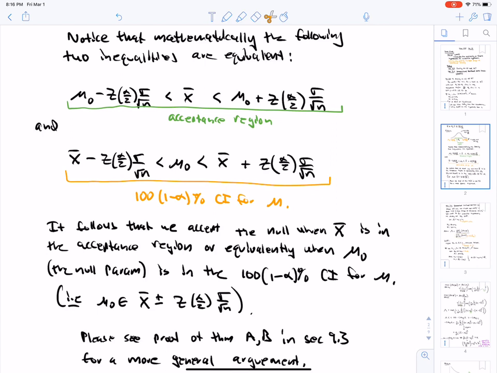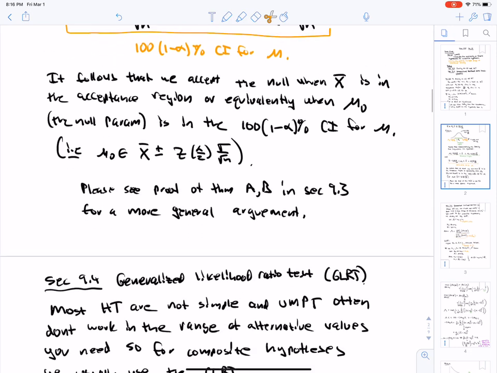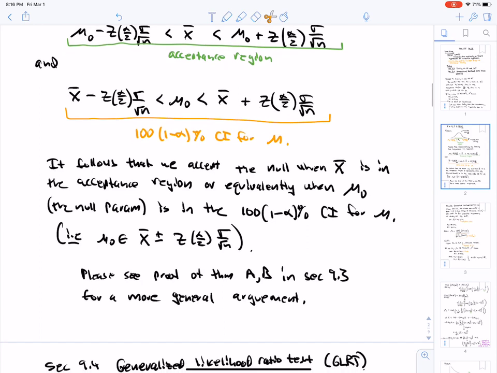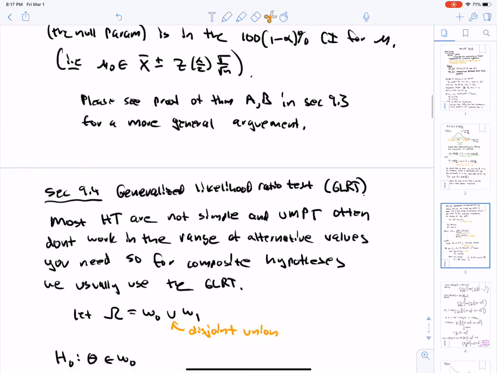In other words, mu 0 is in x bar plus or minus z alpha over 2 sigma over square root of n. So for a more general proof that will work for any CI, see theorem AB in section 9.3 in the book, but I'm not going to go over it here.